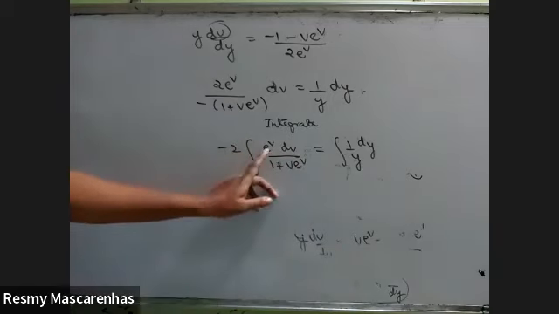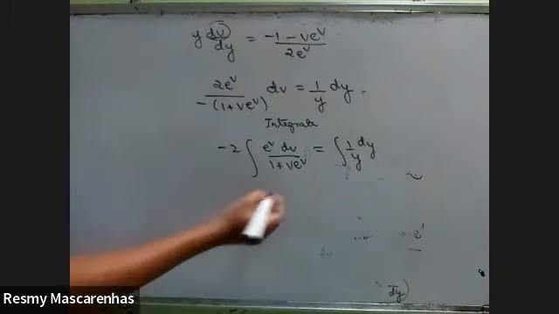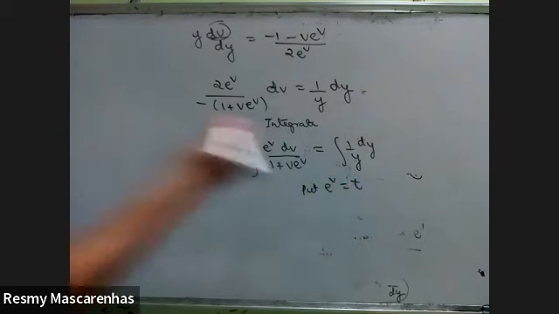If you notice, there is e raised to v involved. So you know that it is mostly substitution type. Whenever there is log, whenever there is e raised to something, mostly they are the substitution type. What you can do is put e raised to v equals t.